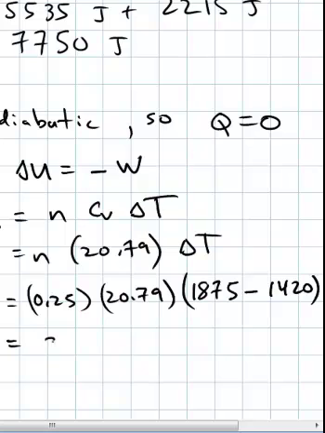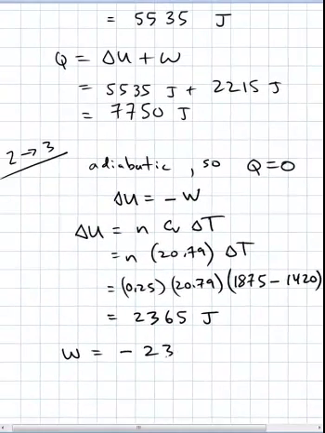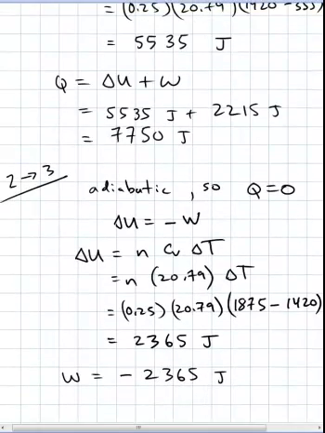So I end up with a positive 2,365 joules, which means that the work done is negative 2,365 joules. Because the volume decreases, the work has to be negative. We did work on the gas in order to get it to decrease.